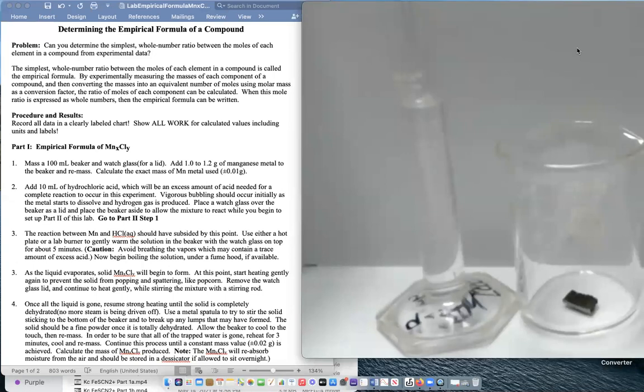The first part of this is going to be using a reaction of manganese, and that's going to be combining with hydrochloric acid, which will provide chloride ions. And if the student looks at possible oxidation states, they will find that manganese could be a +2. That's a very common oxidation state, but it could also be a +3, or you could find that it would be a +4 or a +6 or a +7.